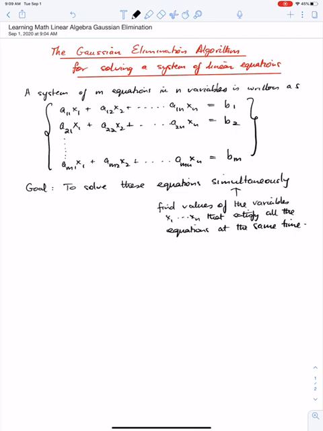So let's begin with a simple example. And our exercise is solve simultaneously.